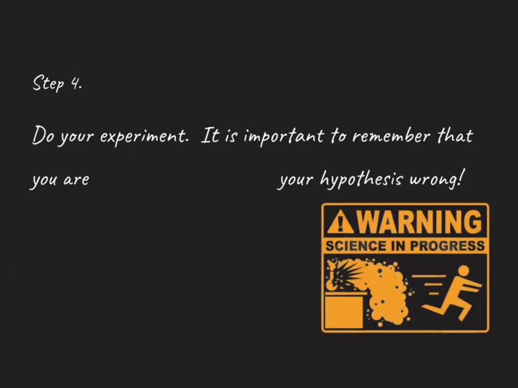After you have formed your hypothesis, you can actually test that hypothesis by doing the experiment. So you do your experiment. And it's really important to remember when we're doing science, you are trying to prove your hypothesis wrong.